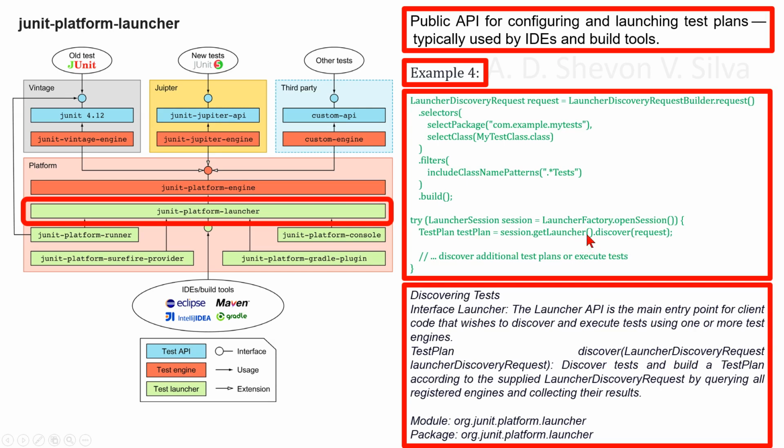This is in module org.junit.platform.launcher and package org.junit.platform.launcher. Having test discovery as a dedicated feature of the platform itself frees IDEs and build tools from most of the difficulties they had to go through to identify the test classes and test methods in previous versions of JUnit.